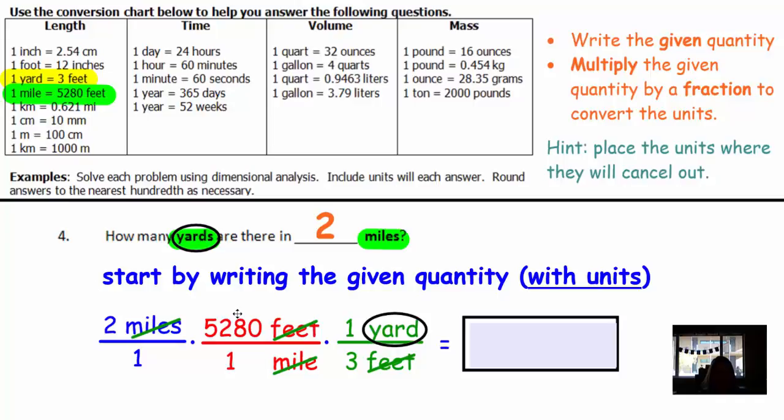All right, so 2 times 5,280 divided by 3 gives us 3,520. And again, we've got yards. So 2 miles is the same as 3,520 yards. All right, so now go ahead and practice using the assignment to help you practice converting units of measure with dimensional analysis.